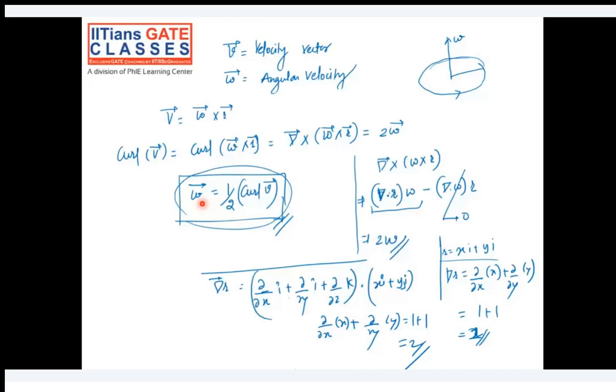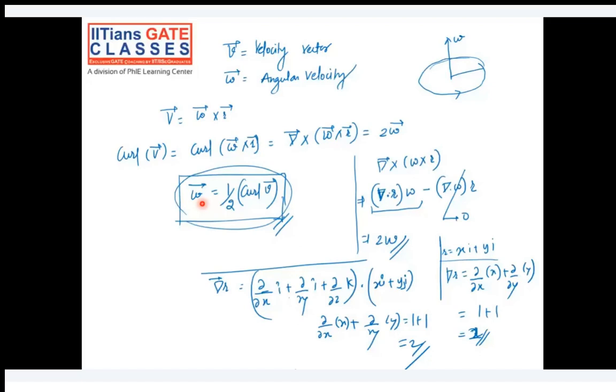Basically, Arjun, if you remember, what is a bar cross b bar? A bar cross b bar is like a sine component: mod of a bar, mod of b bar, sine of the angle. If a vector has no sine component with respect to its direction, it means that vector is not rotating. What is the sine component of a horizontal line? It's 0.